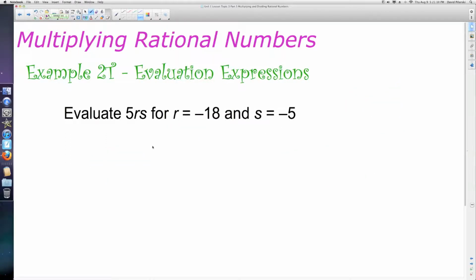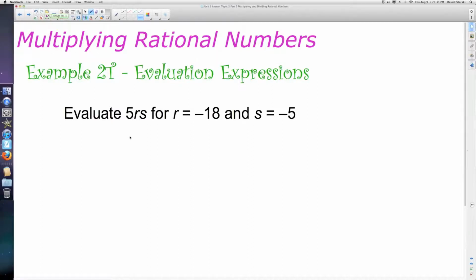We're continuing our work with multiplying rational numbers here in example 2t, where we're evaluating expressions. When we see the words evaluate expressions, that usually means we're going to have to substitute values in. Our problem reads: evaluate 5rs for r equal to -18 and s equal to -5. In case you're unaware, 5rs could also be read as 5 times r times s.